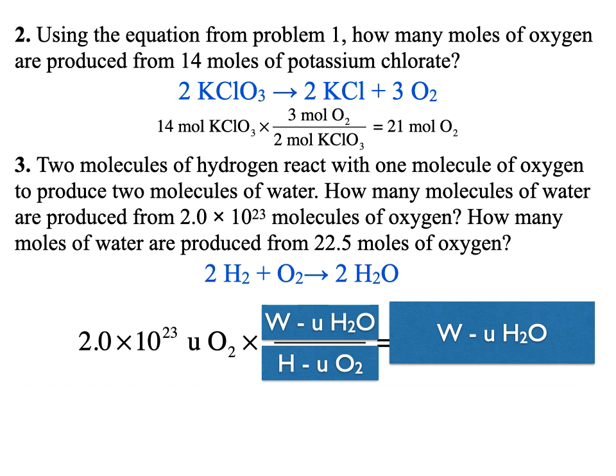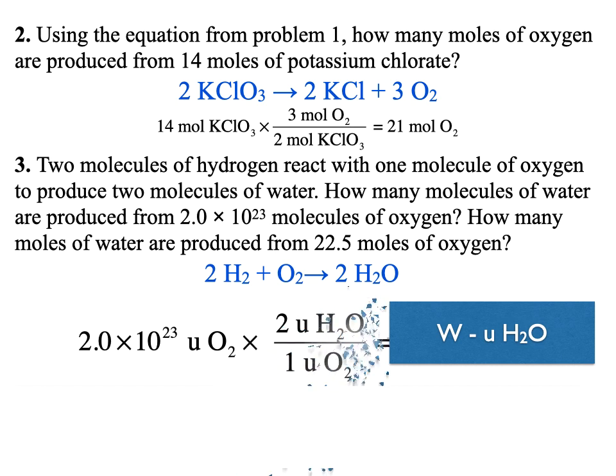Remember, we use U for molecules. I want to get rid of my molecules of oxygen, so I'm going to put 1 unit or 1 molecule of oxygen on the bottom to get rid of my U O2, and I put 2 U H2O on top because molecules can be produced from other molecules.